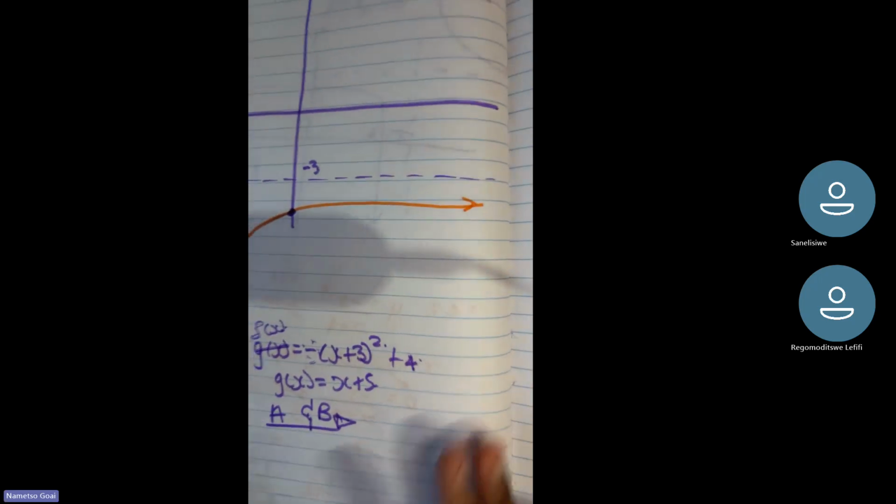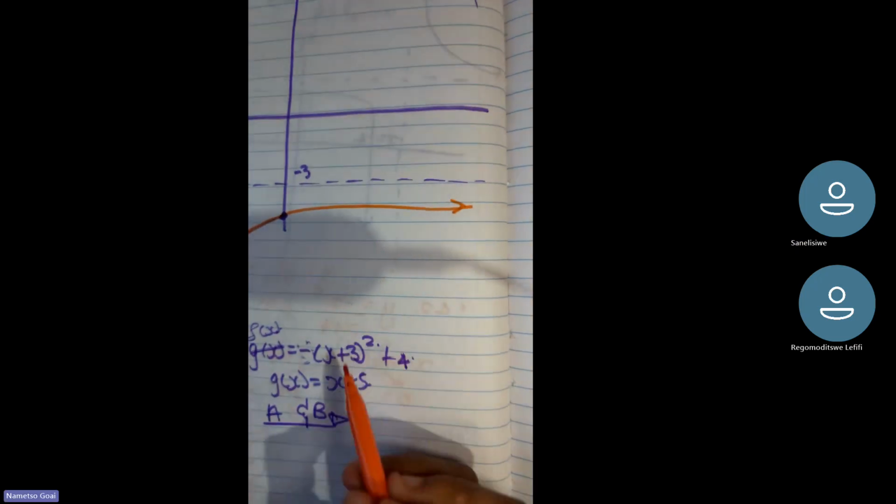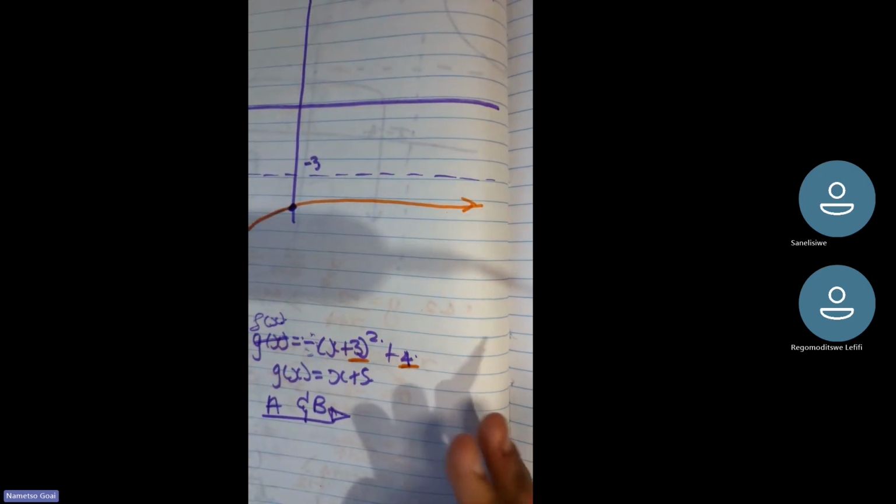So for 5.1, they're saying write down the coordinates of the turning point of f. Fine. So we know that if we have a parabola of the form f of x equals x plus p squared plus q, this p and this q give us the turning point.